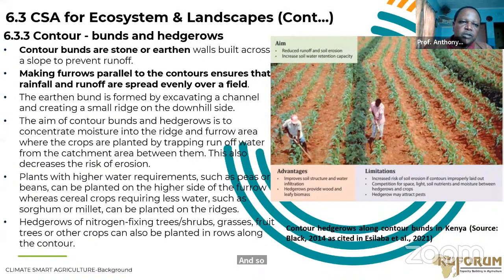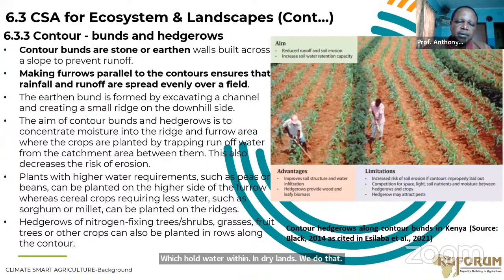They are more like what you find in rice cultures, which hold water within. In dry lands, we do that because we don't want this water seeping away or running away. So we have those bands which hold the water from going downhill, and it allows the water to seep in and be conserved in the soil.